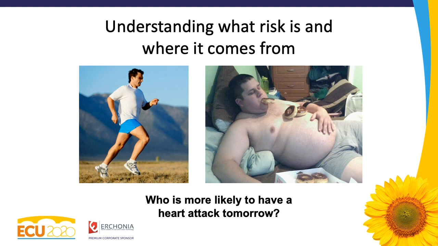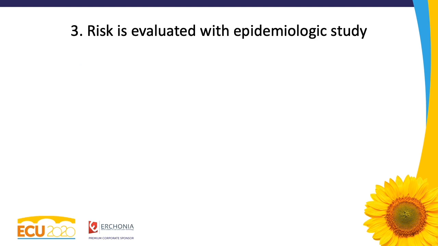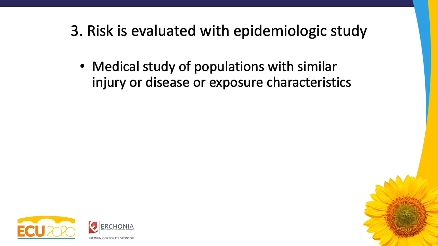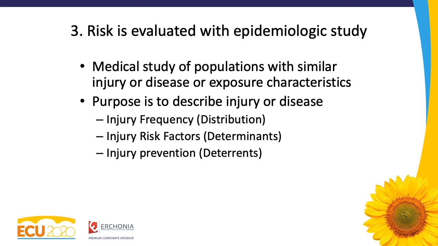And that information comes from epidemiologic study, study of populations. I mean, obviously this is an important topic in the present time. We're all trying to talk about things like the frequency of COVID infection, the kind of risk factors that lead to higher chances of COVID infection, and the things that are preventing those kind of infections.